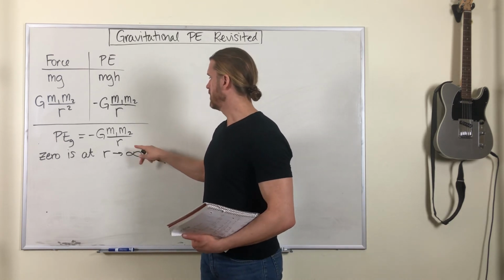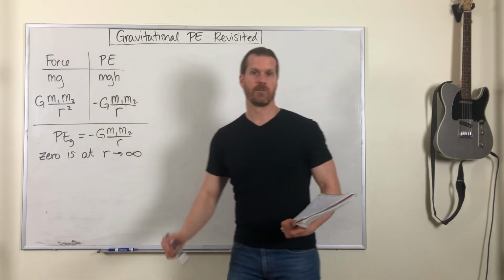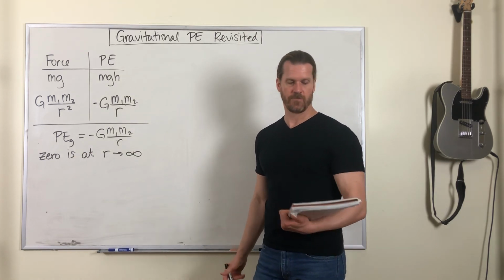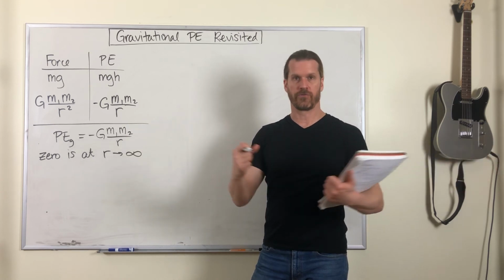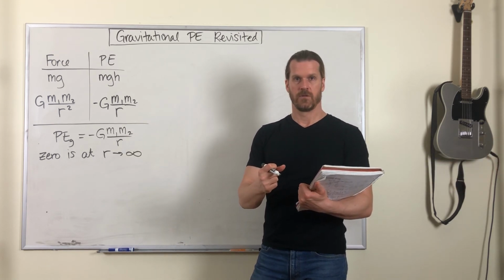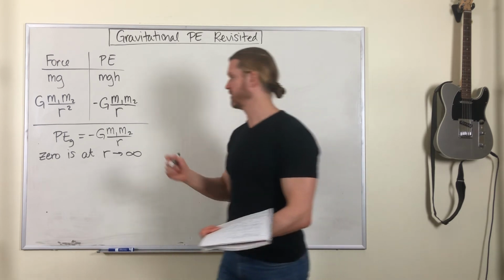So with this choice of 0 level for gravitational potential energy, that means that when objects get closer together, the change in gravitational potential energy is negative.